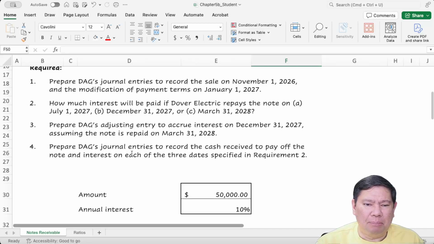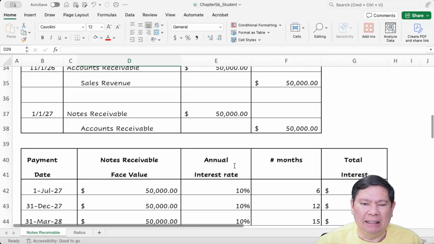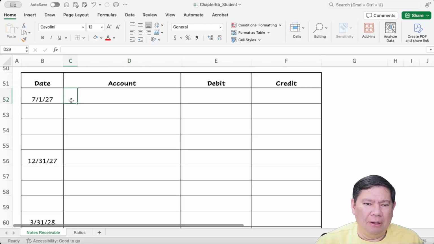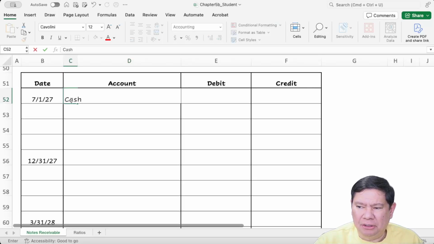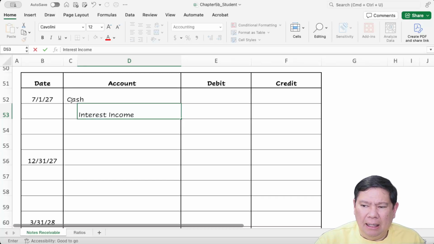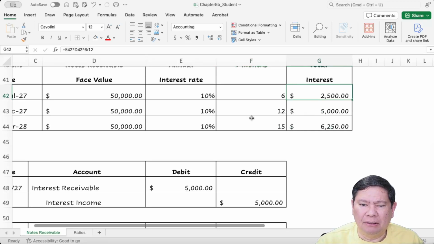Okay, and then the last one, prepare the journal entries to record the cash received to pay off the note and interest on each of the 3 dates in requirement 2. So we already calculated the amount of interest. Now let's take a look at the journal entries when we receive the money. Okay, so debit will be cash. And then we have interest income, the first one is 2,500.